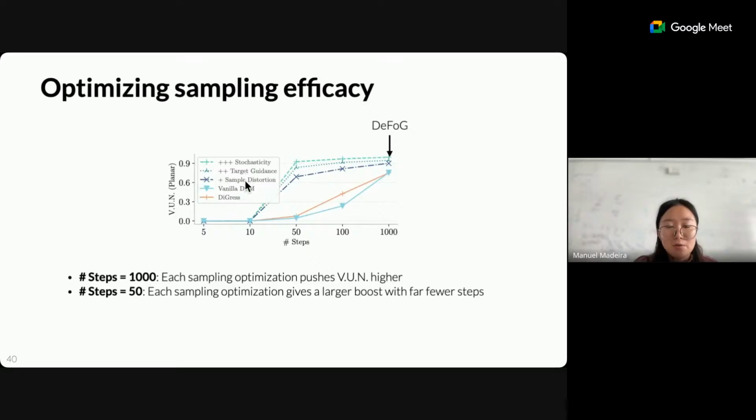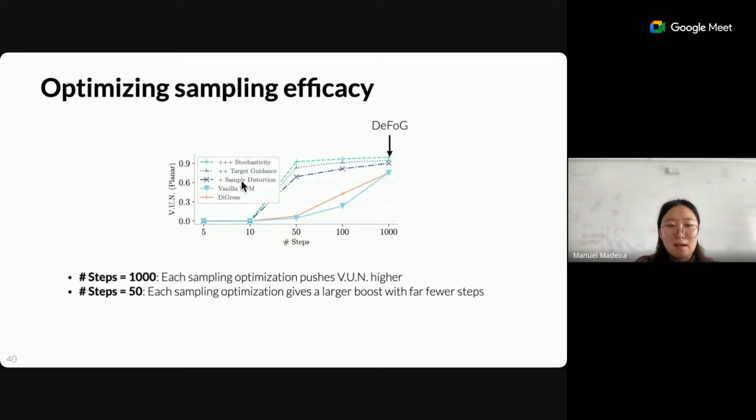But by adding all those previously mentioned techniques, such as sample distortion, target guidance, and stochasticity, we can improve the performance on each of the steps. If we look at steps equal to 1,000, after adding all those techniques, we reach the final performance of DeFog, which is 99.5 on planar datasets. And if we consider fewer steps, with 50 steps, for example, the benefits of those proposed strategies are even more evident.